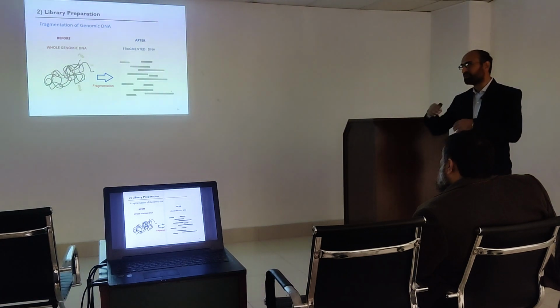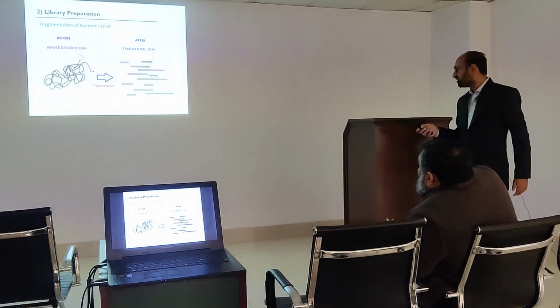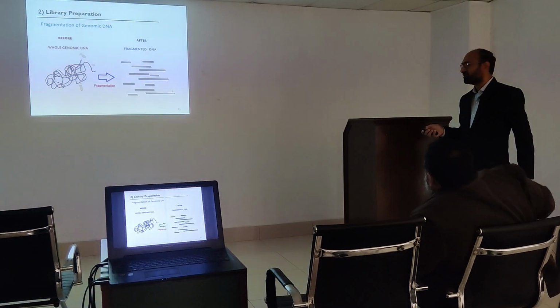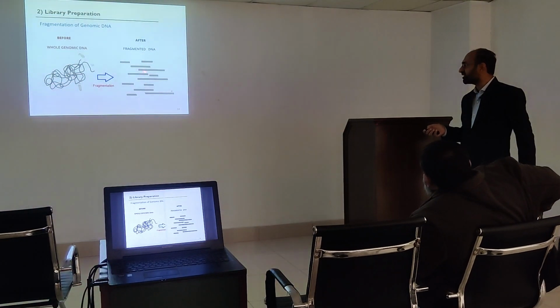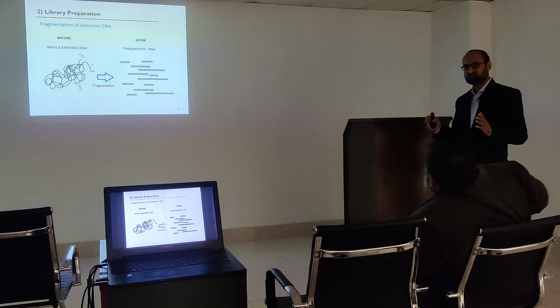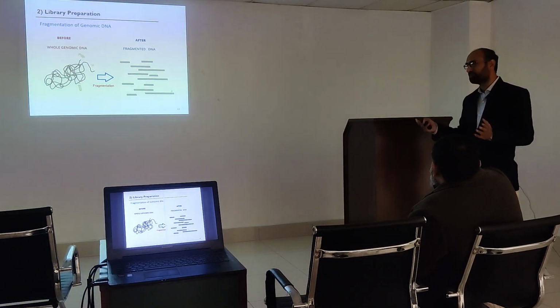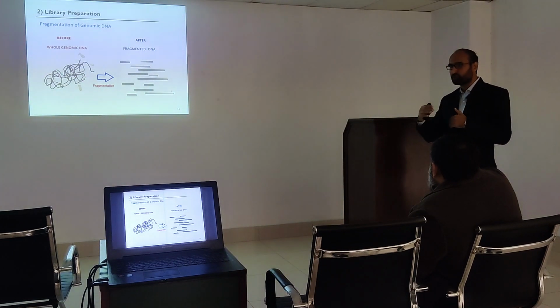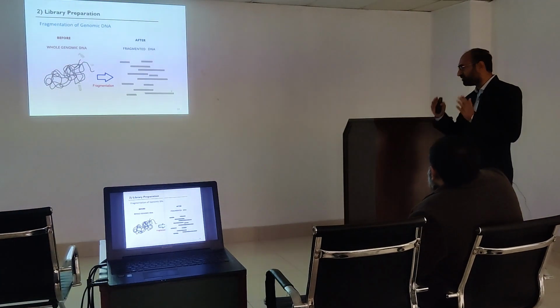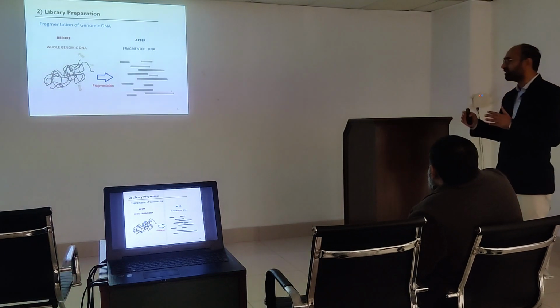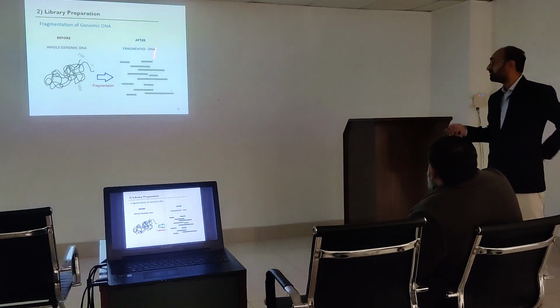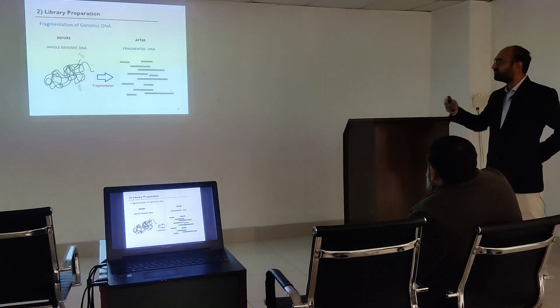We just break the whole genomic DNA into millions of fragments. These fragments are not equal in length, they are different in length because this breakage of DNA is random. This does not follow a principle or a defined length.